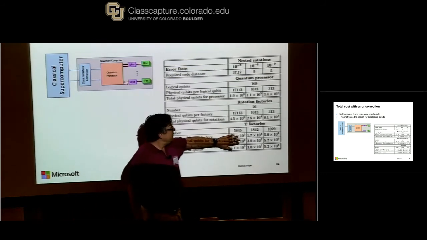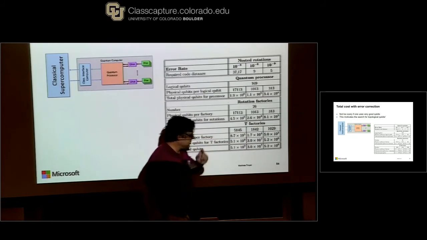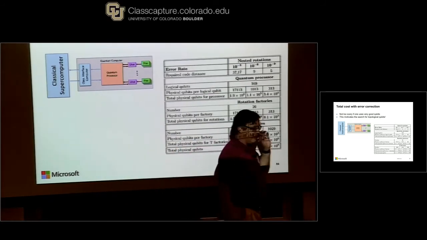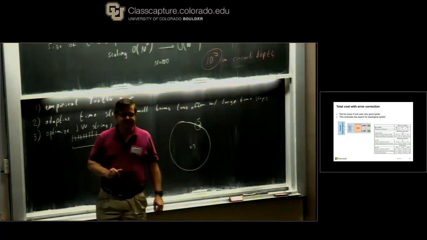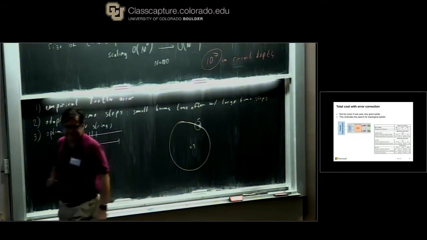So we need to have better T factories, we need to have deeper error correcting code, and we need to have better algorithms to make it really feasible in the short term. Because 5 billion, I don't think we'll get that in the next decade.